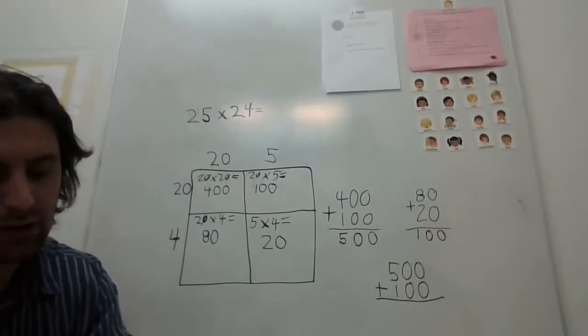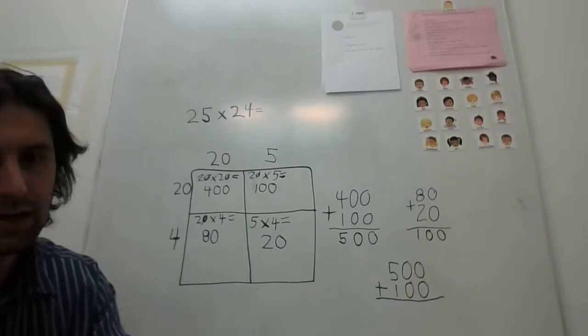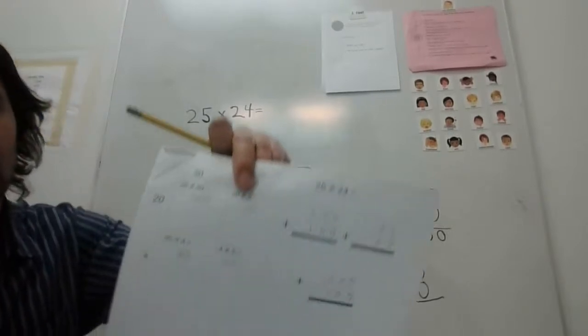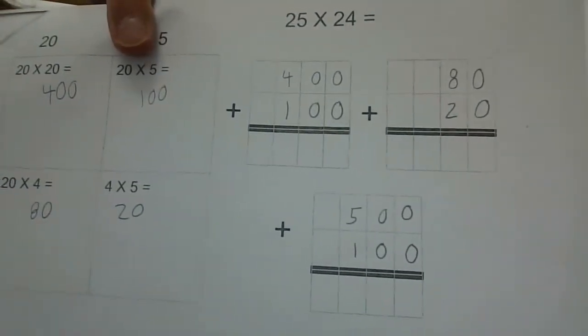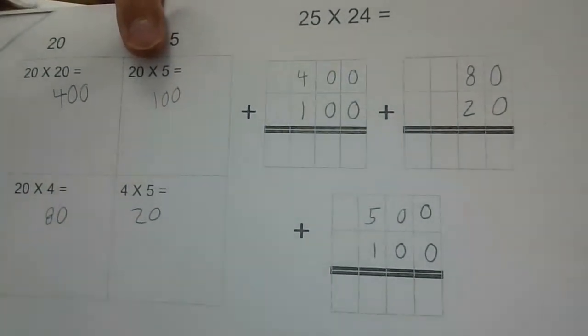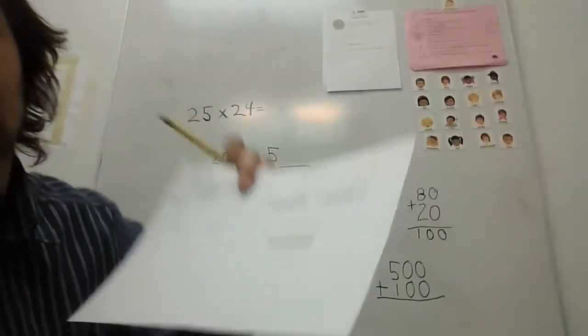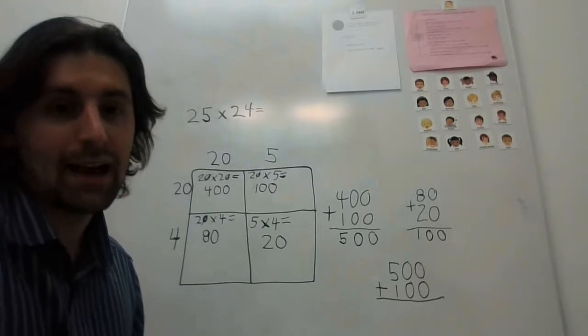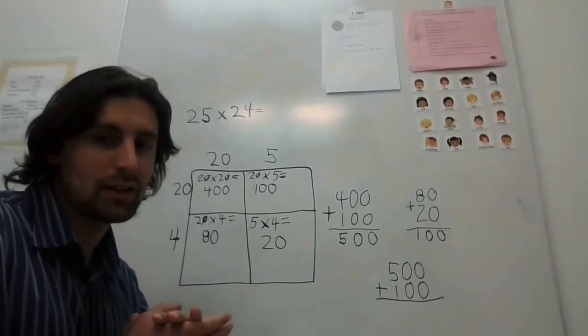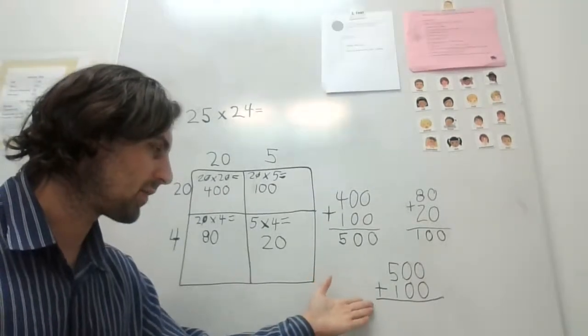So you see how it looks on the whiteboard. Now this is how it should look on your paper, putting one digit in each box. And now, especially if you're one of my students, I think you can solve this problem in your sleep.